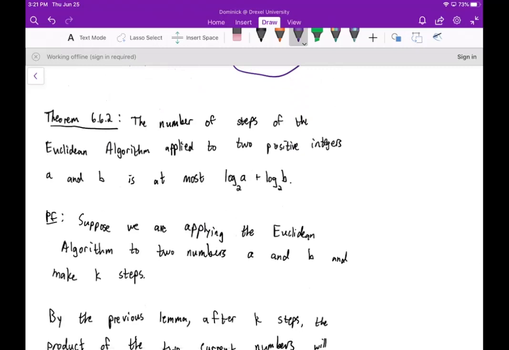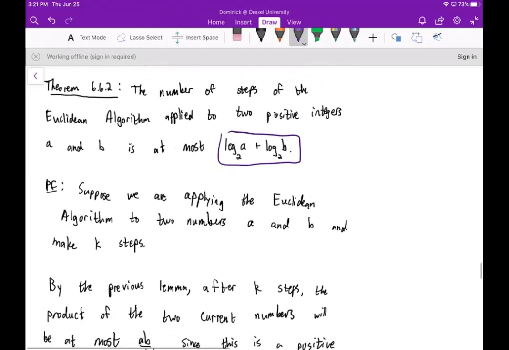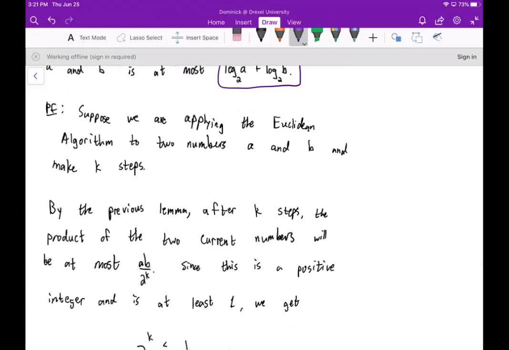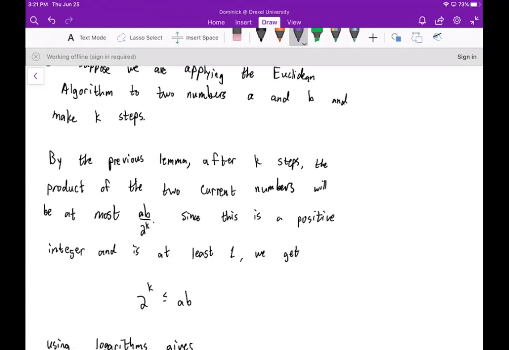Okay. Now the next theorem is that the number of steps of the Euclidean algorithm applied to two positive integers A and B is at most log base 2 of A plus log base 2 of B. The proof is to suppose we're applying the Euclidean algorithm to two numbers A and B, and we make k steps. By the previous lemma, after k steps, the product of the two current numbers will be at most AB over 2 to the k, because you're dropping by a factor of 2 each time.